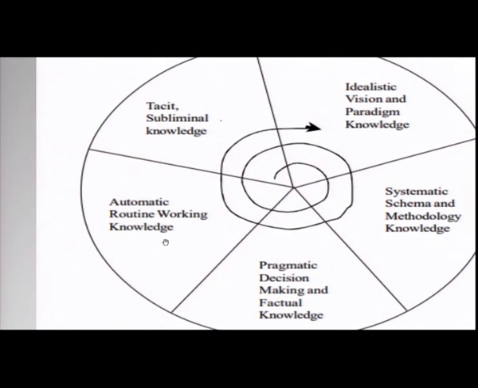And here the automatic routine working knowledge takes place, and then based on the experience, again you learn through your experience, you get this tacit subliminal knowledge, and based on this again you do this visioning and you work with the paradigm knowledge.